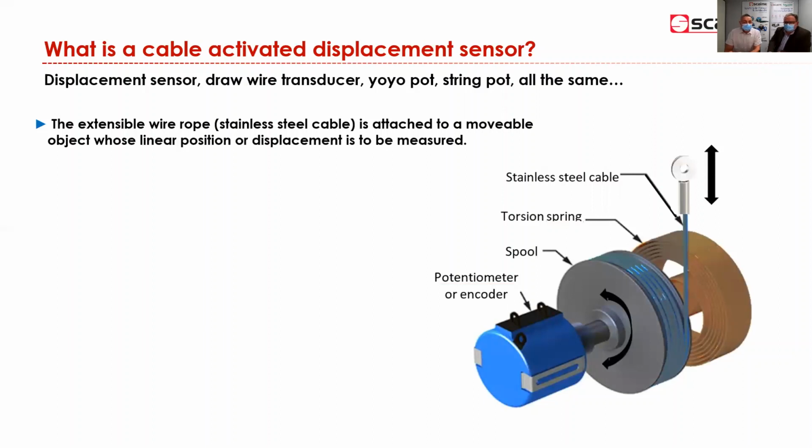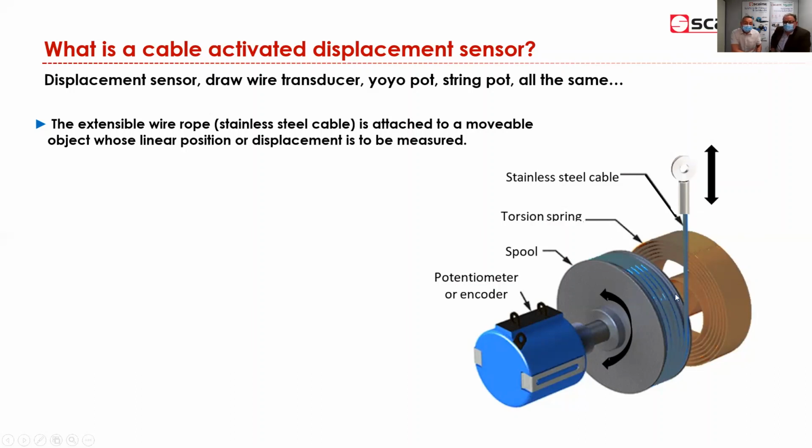It's a very simple technical design. There is a stainless steel cable we can pull out of the sensor, and this cable is wound around a spool. You can see on the picture the cable going out and entering the unit.